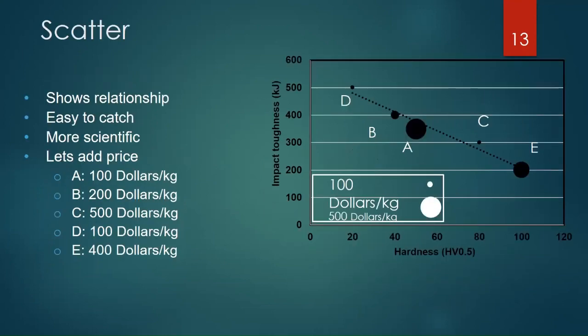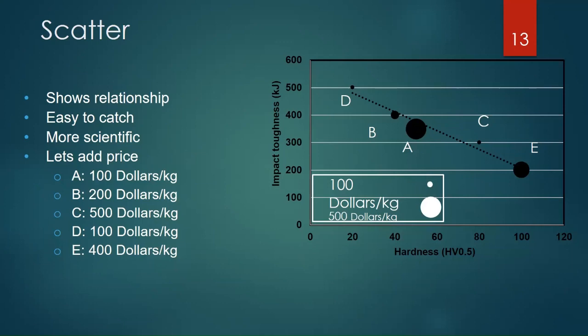Let's just add the cost, the price. And you see with the scatter plot, by changing the size of the points or the circles, you can also give more information to the reader or audience with the size.